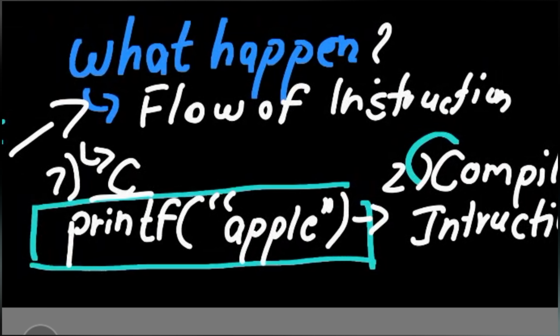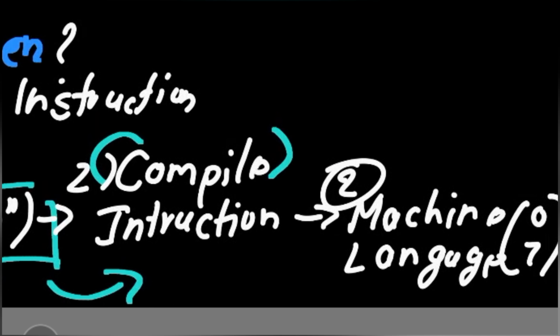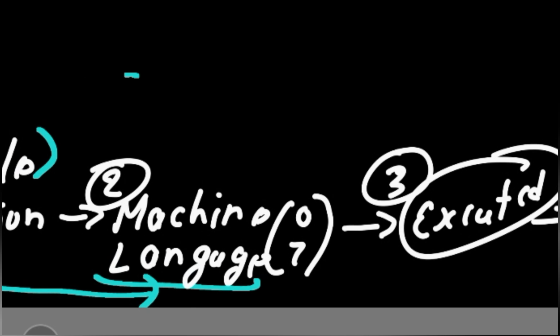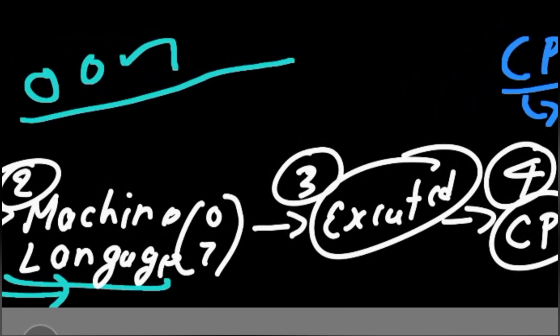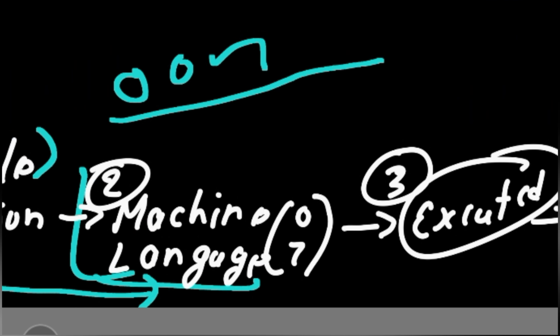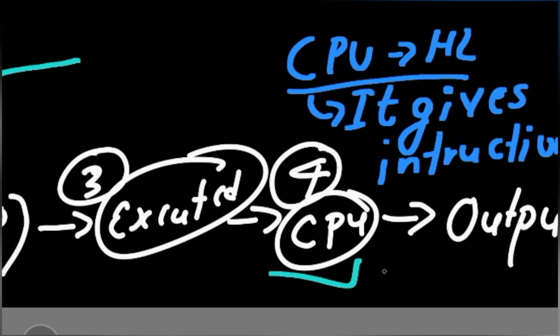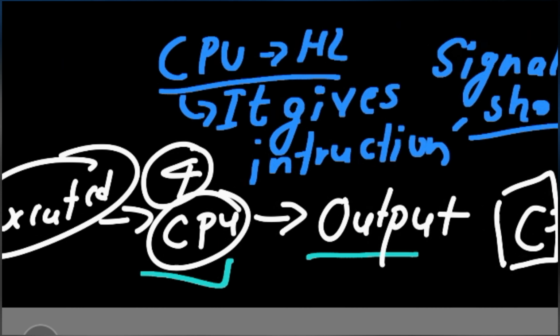So a compiler turns this instruction into machine-level language, a bunch of 0s and 1s. Then it is executed, and the machine-level language tells the CPU or the monitor to show the output apple on the screen.